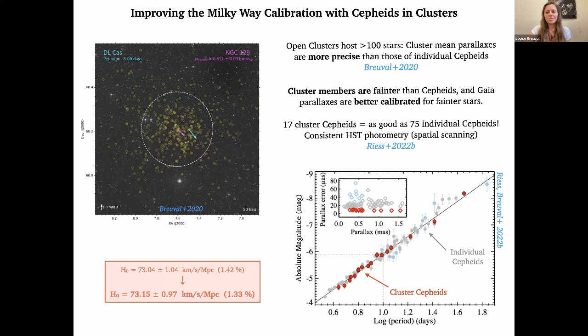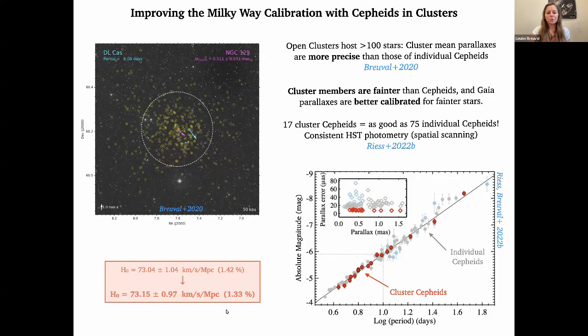So using this small sample of cluster Cepheids, we are able to improve a little bit the Hubble constant. And for the first time, we go below the 1 kilometer per second per megaparsec in the uncertainty. That's something we published in 2022, right after the SHOES 2022 release.